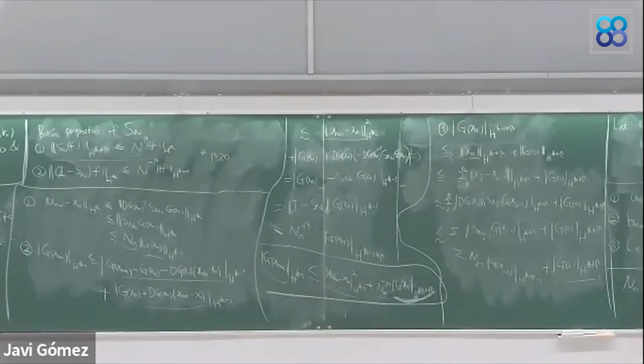Some constant to the gamma times alpha n, for some gamma bigger than 0 and alpha bigger than 1.